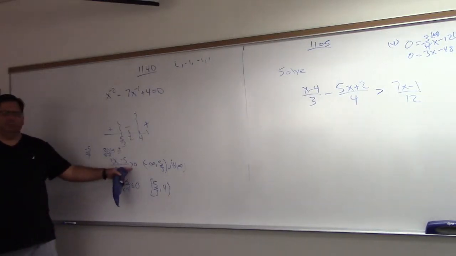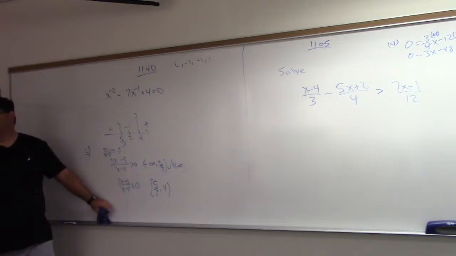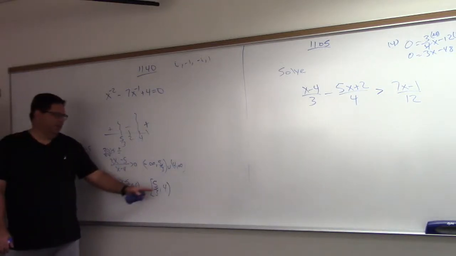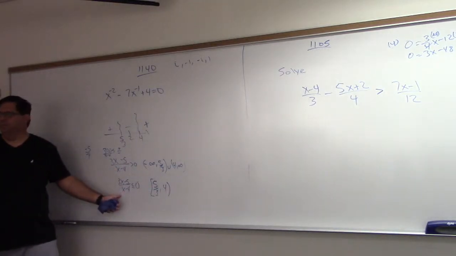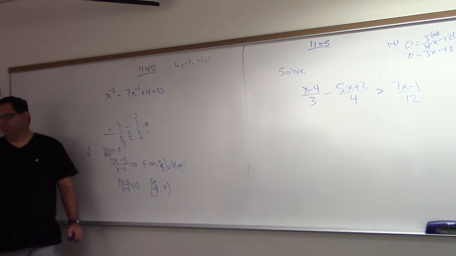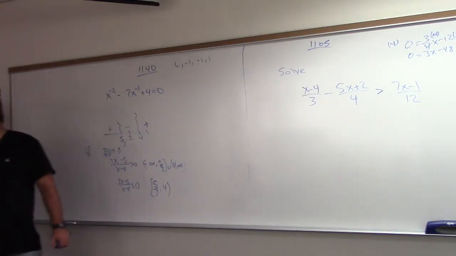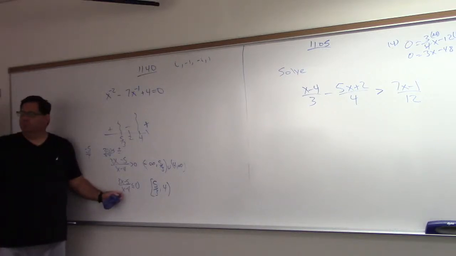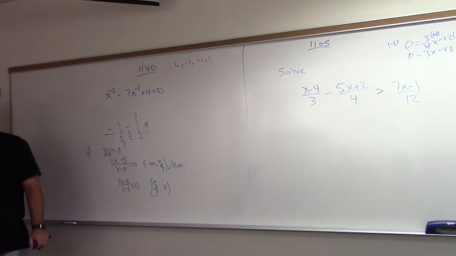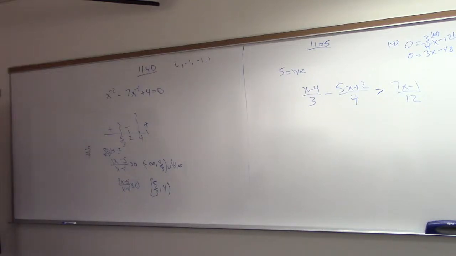If it's greater than, it'll generally be a parenthesis. You just can't use 4 because that's outside the domain. How do you find that? You set the bottom equal to 0. So the bottom cannot be 0.